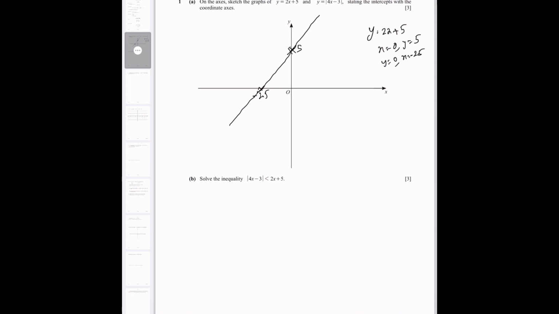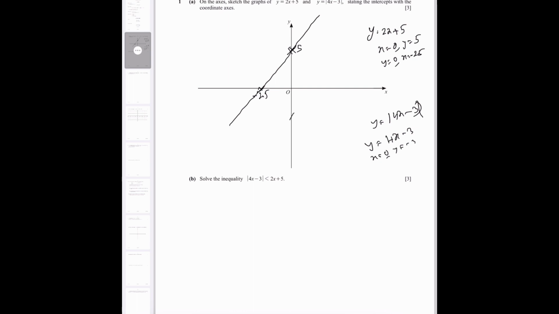Again, for y equals modulus of 4x minus 3, first of all let me ignore the modulus sign. So 4x minus 3: if x is 0, y is minus 3, so let me use that value.